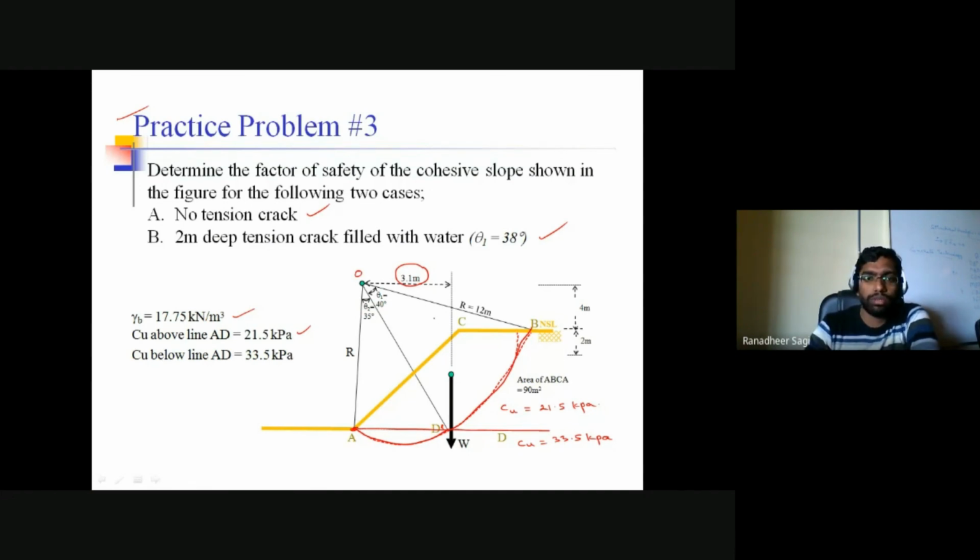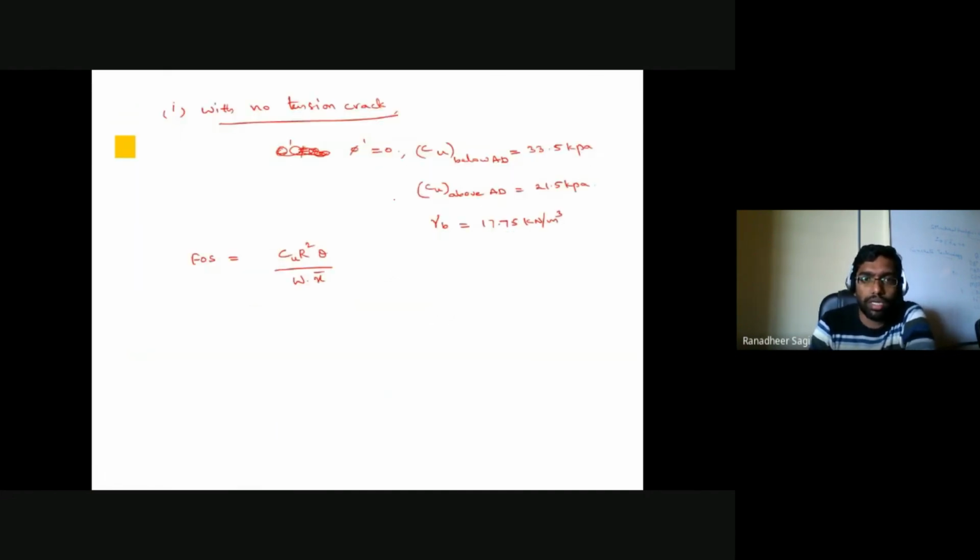Okay, so let me write down this expression further in a simpler form. I'll write it as Cu1 into R square theta plus Cu2 into R square theta.